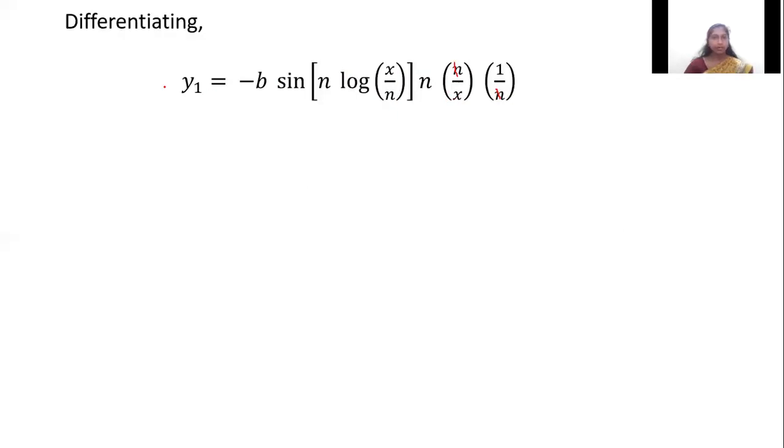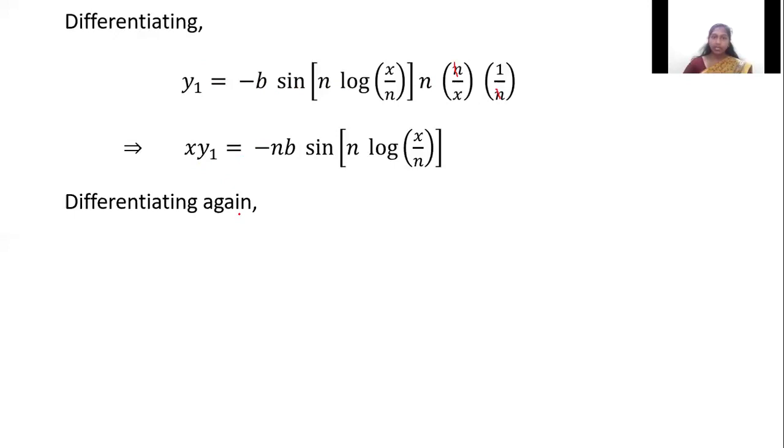That x you can take onto the LHS, and this n you can bring to the beginning of the sine function. So what do we get? x y1 is equal to minus of nb sine n log x by n. Now we can differentiate once again with respect to x, as we need to find the y n plus 2 expression in the question.